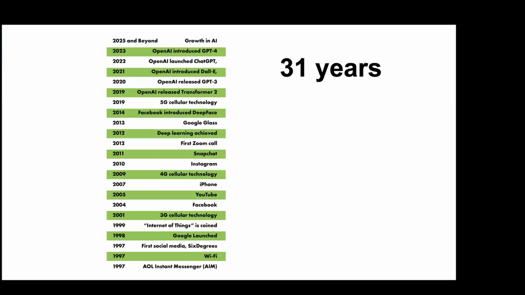In 2012, there was the first Zoom call. And also in 2012, there was a big breakthrough in deep learning for image recognition, read face recognition, and we hardly even noticed that.